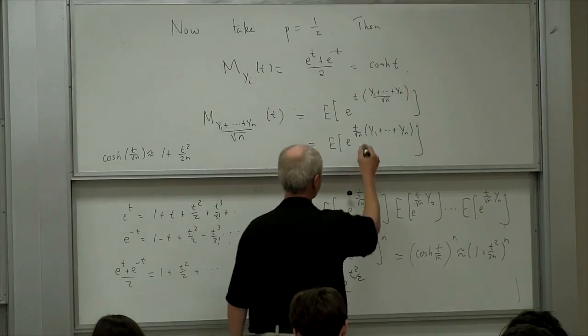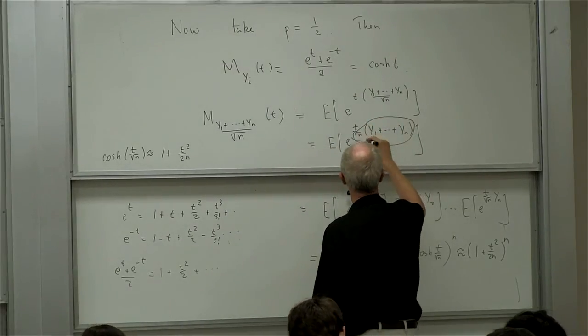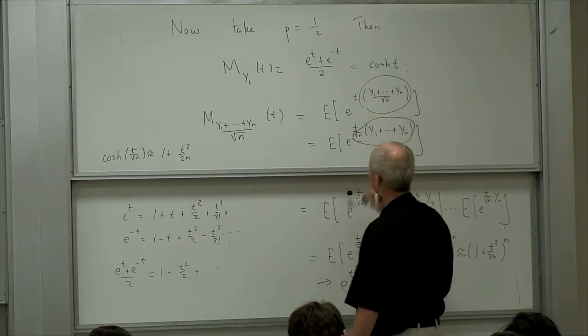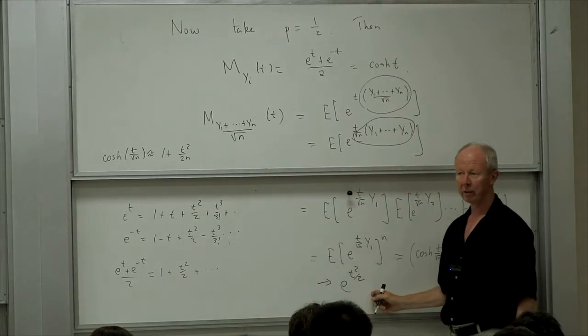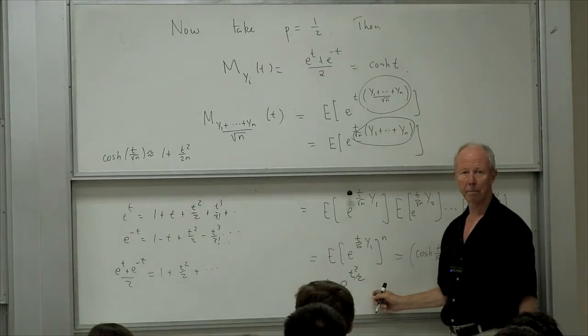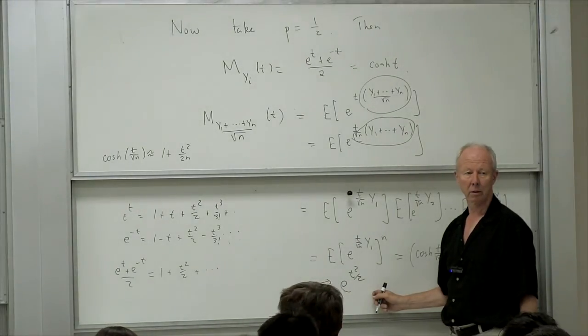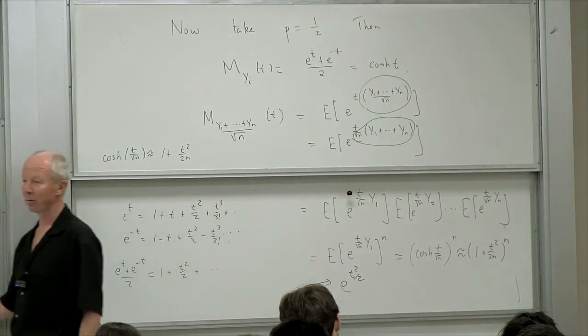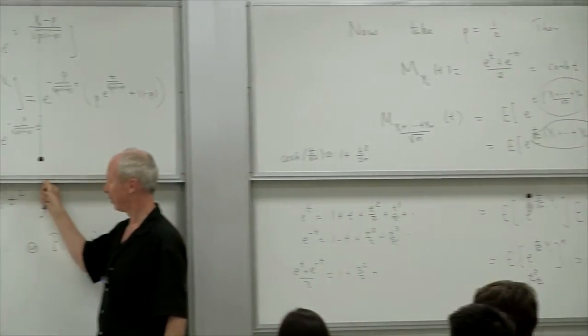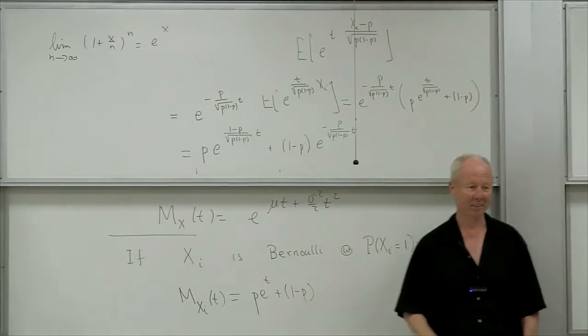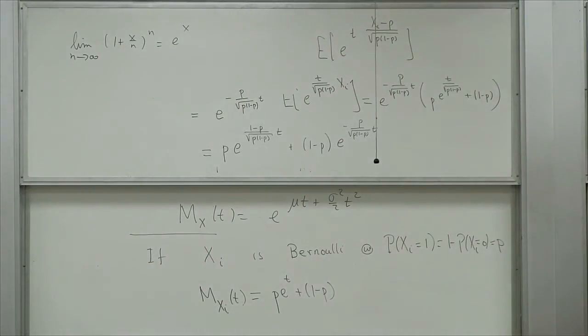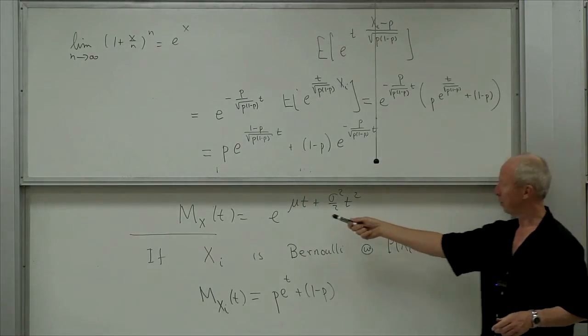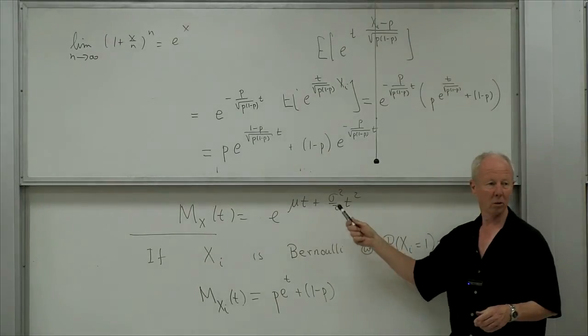So the moment generating function of this thing converges to this. Is this a moment generating function of anything? Well, usually I leave these things on the board when I ask a question like that. I hit the normal with mean 0 and variance 1.